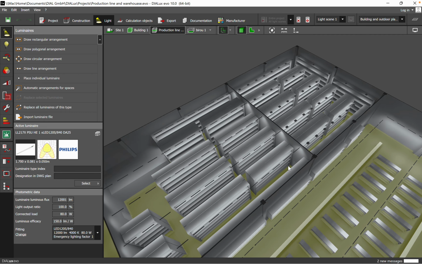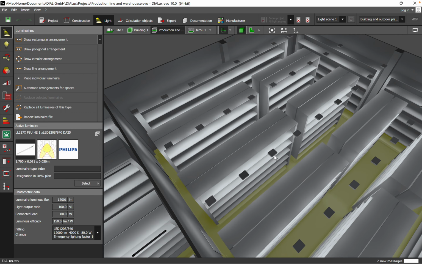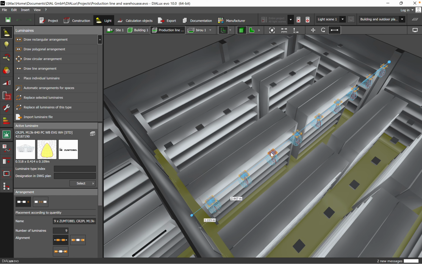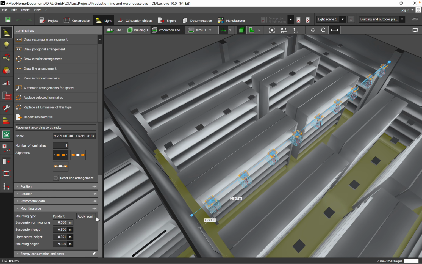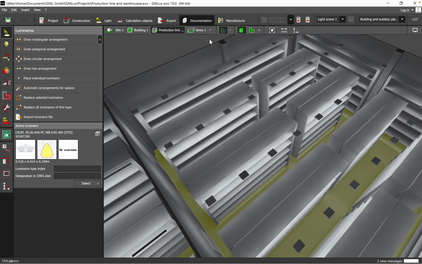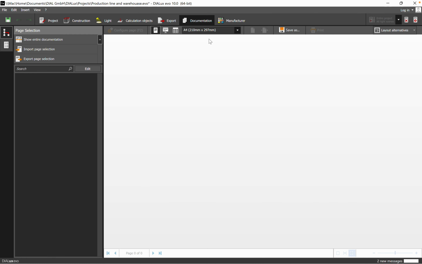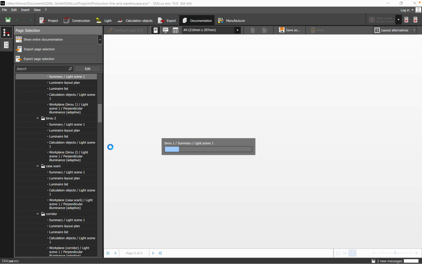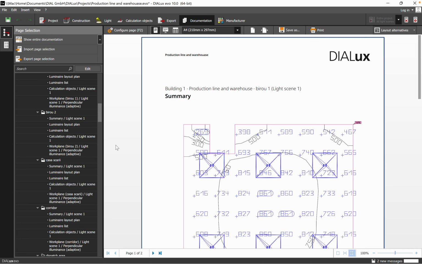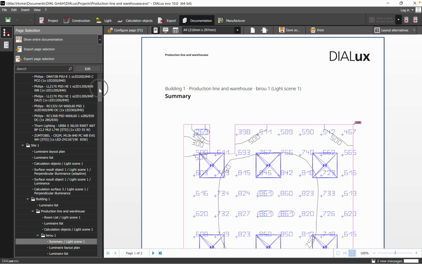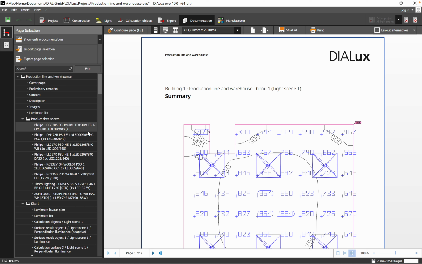For example, where you have a warehouse, I would just go on this luminaire, and then here, if you check it, in this data you will not find it. However, if you go on documentation, it will take a while just to access all the spaces that I have done the lighting design, and then yeah, have all this information. And here you have the product data sheets.